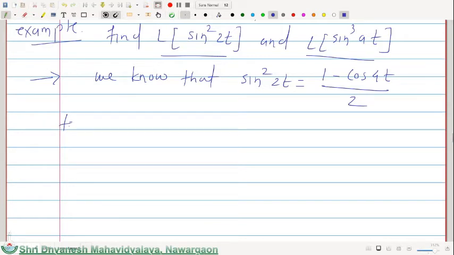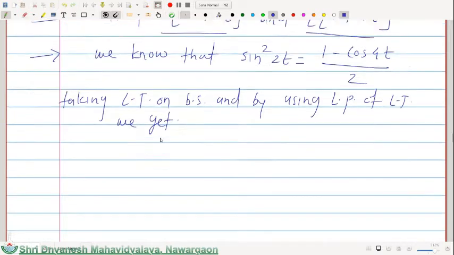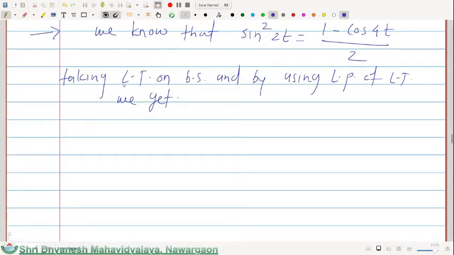So taking the Laplace transform on both sides and by using the linearity property of the Laplace transform, we get, you don't use shortcuts here like L.T.; you write Laplace transform fully, linearity property fully, Laplace transform fully.